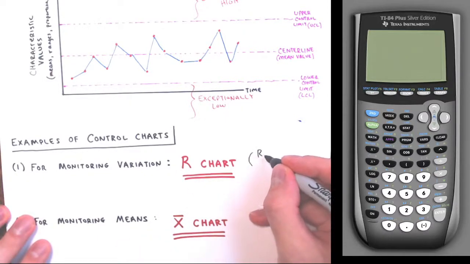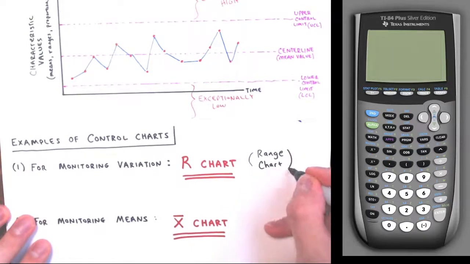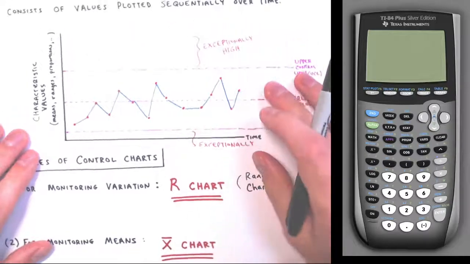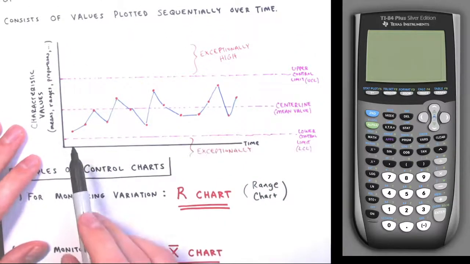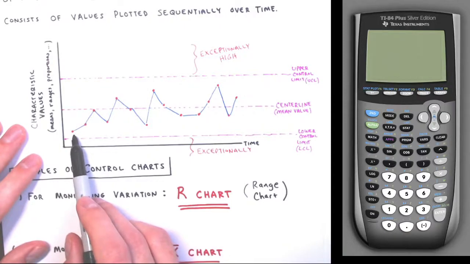R for range. All right, so what happens in this is, for instance, again, the bottling example, maybe on the first day, I take 20 bottles and find how much they're filled, and then find the range, right? The highest amount minus the lowest amount.